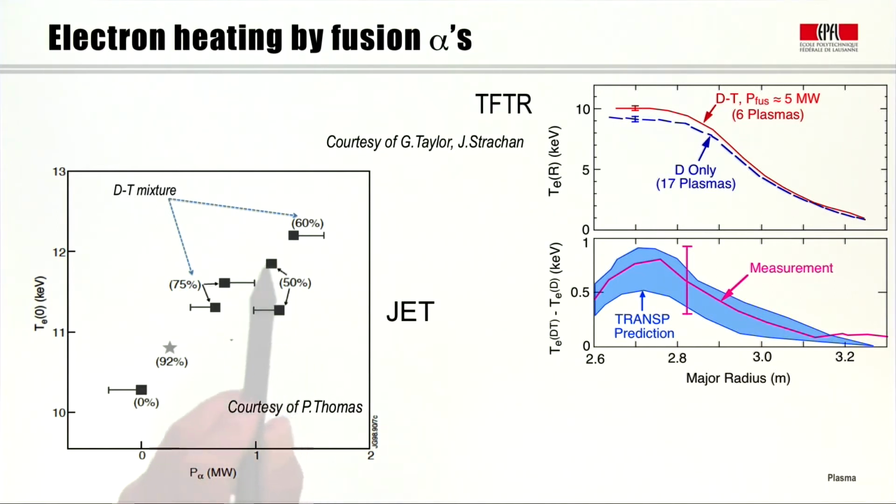The optimal situation is close to 50%, where we have about 1.2, 1.3 megawatt of alpha particle power, and that results in a very clearly measurable heating of the electrons in the core. So alphas are doing their job. They're slowing down by collision on the electrons, and they're giving their power to the electron channel.